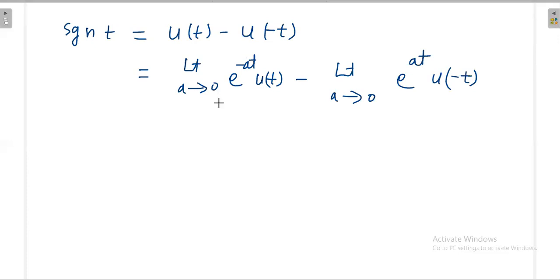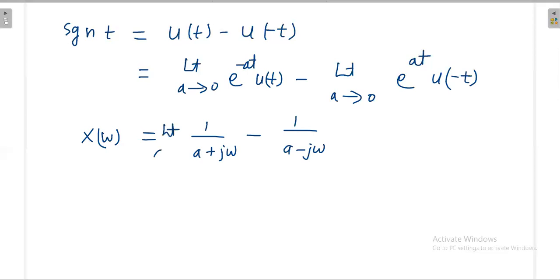For these expressions we already have the Fourier transforms. Whenever you have e power minus at u of t, the Fourier transform is 1 by a plus j omega. For the other, the Fourier transform is 1 by a minus j omega. The condition is that limit a goes to 0.